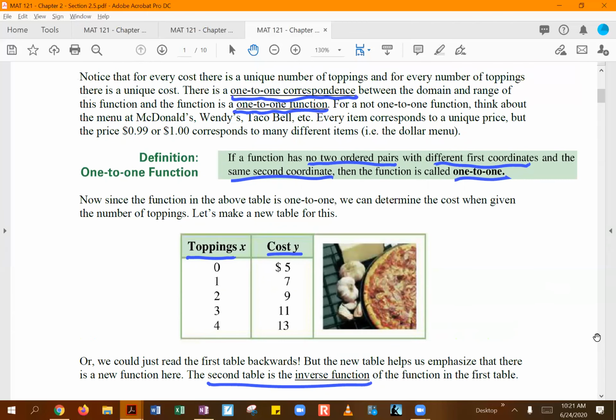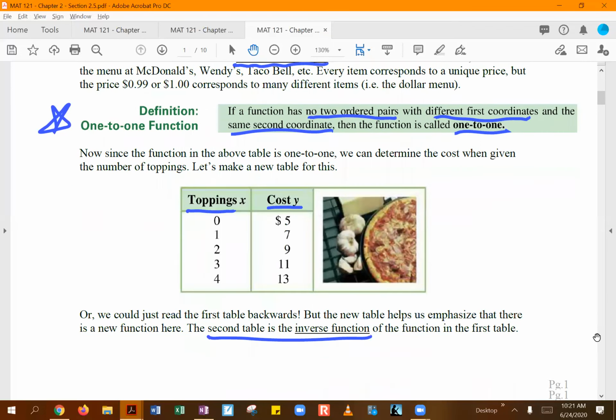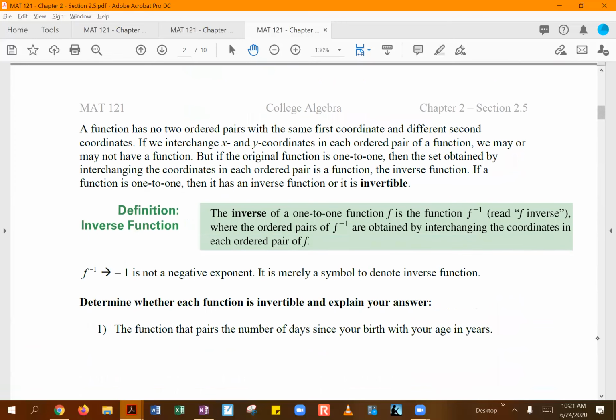But guys, again, keep in mind, to be able to find an inverse function, the original function has to be a one-to-one function. If the original function is not one-to-one, there is no inverse that can be found. So this little paragraph here is talking about how, as long as no two ordered pairs have the same first coordinate and different y coordinate, we call it a function. And we saw that in section 2.1.